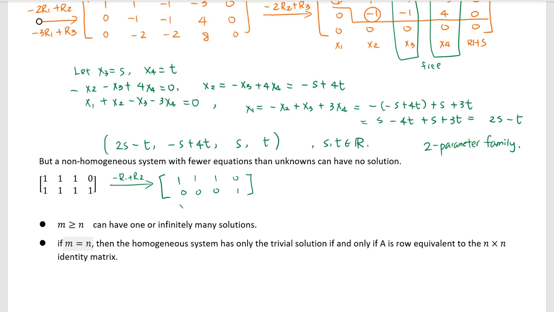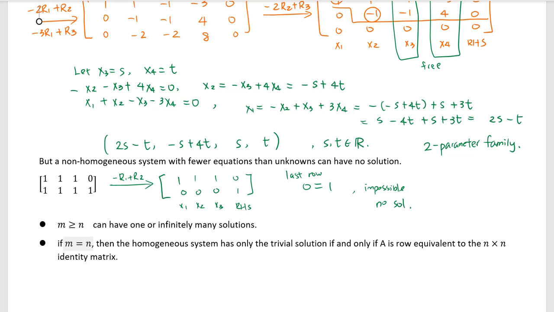And you can see this is x1, x2, x3. The last row tells us that 0 equals 1, which is not possible. So we have no solution.